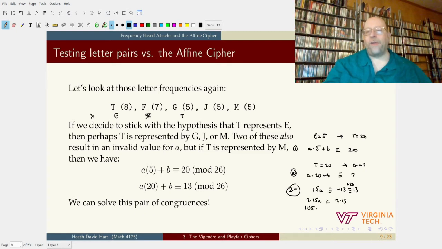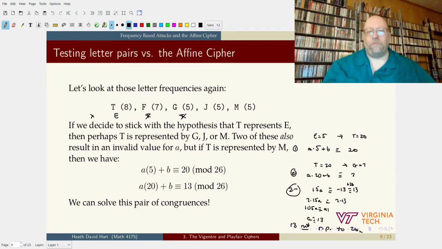Or 105A is congruent to 91. 105A is congruent to just A if I take out 26s. 91, if I take out a bunch of 26s, leaves me with 13. And 13 is not relatively prime to 26. And therefore, this doesn't work either.